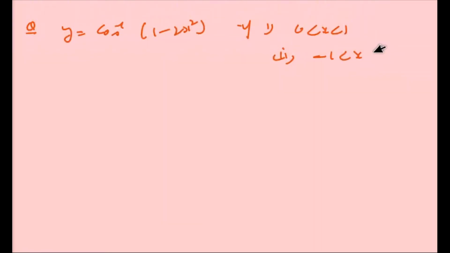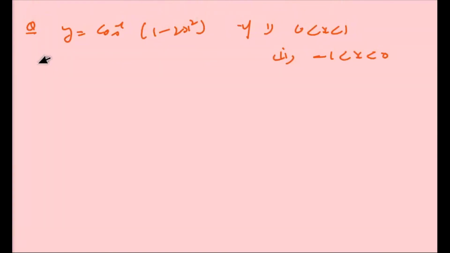Let y equal to cos inverse of 1 minus 2x square. If condition one is 0 less than x less than 1, and second condition is minus 1 less than x less than 0.